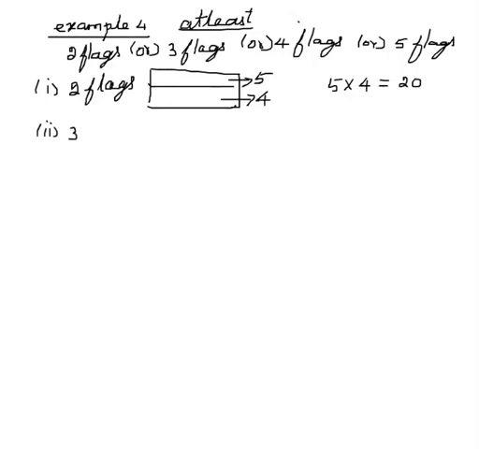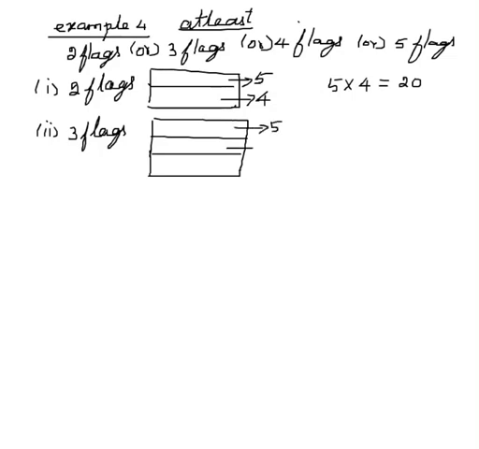Now the second case, using 3 flags. So this can be filled up in 5 ways, then 4, then 3. So total number of ways will be 5 times 4 times 3, 60 ways. Let us consider using 4 flags.